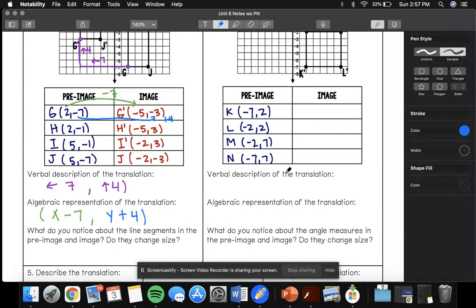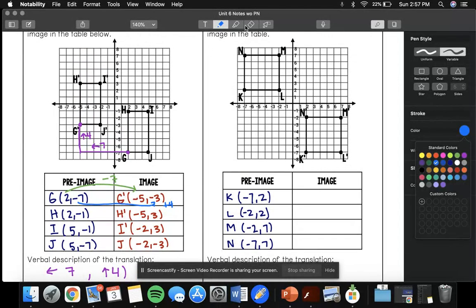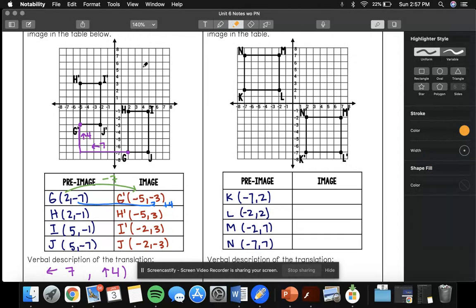All right, finally it says, what do you notice about the line segments in the pre-image and the image? Do they change size? Okay, so we're just going to visualize it and look at it. So I'm going to look at IH. Okay, so I can see that it's 1, 2, 3 rectangles long.